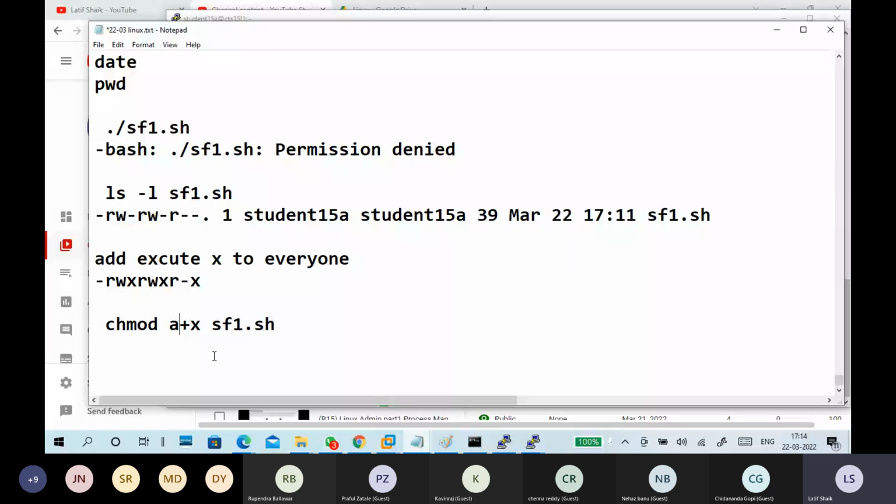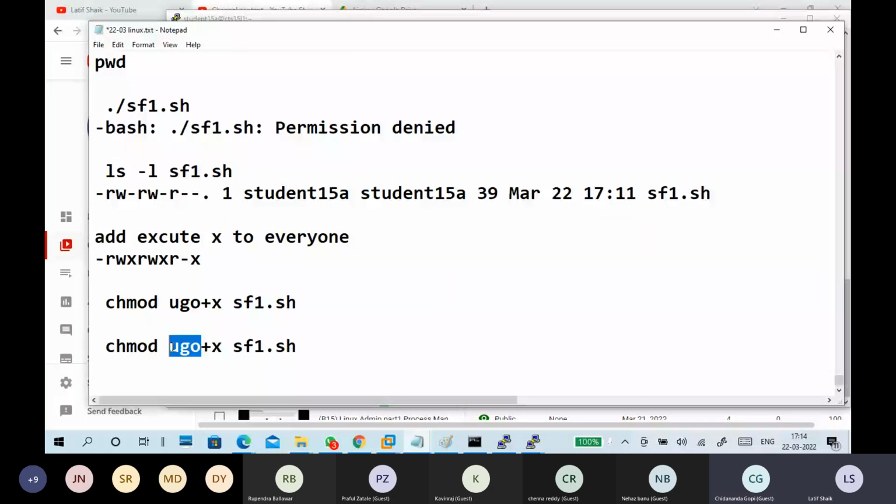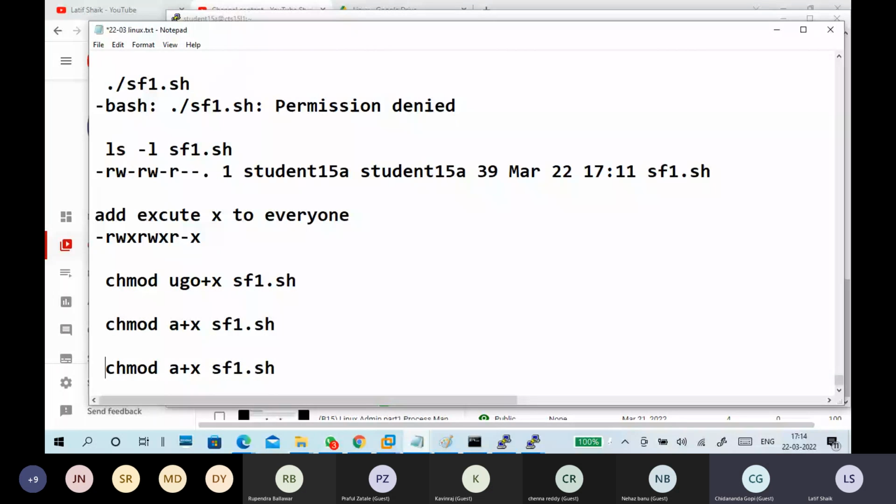If you want to add to everything, you have to use a. You are adding to user, group, others. You can use like this, or you can use a, or you can use like this. So three ways you are able to use it.